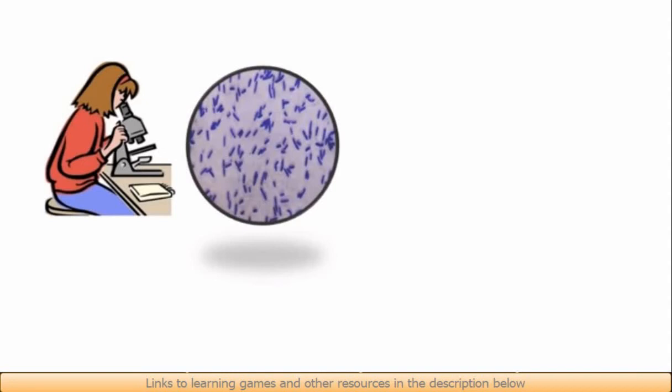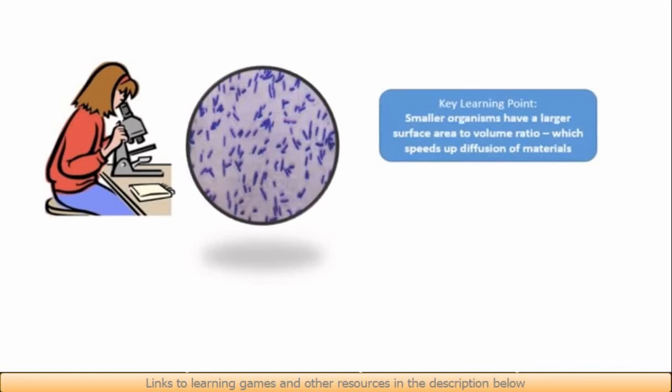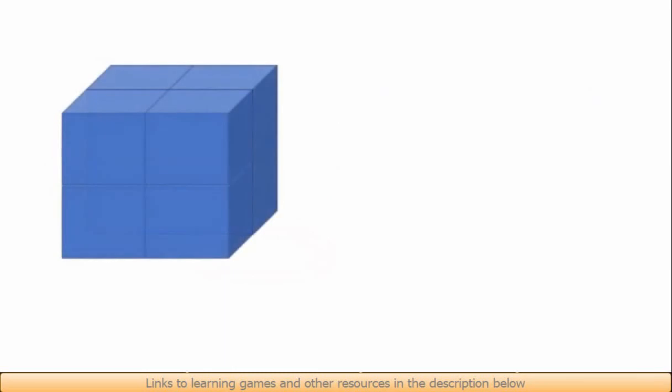The smaller an organism is, the greater the surface there is for each unit of volume. Another way of saying this is that smaller organisms have a larger surface area to volume ratio. Now, one way to visualize this is to consider a cube-shaped organism. If this cube-shaped organism has a side length of 2 centimeters, then the surface across which it can absorb materials such as oxygen is 2 centimeters times 2 centimeters times 6 sides.